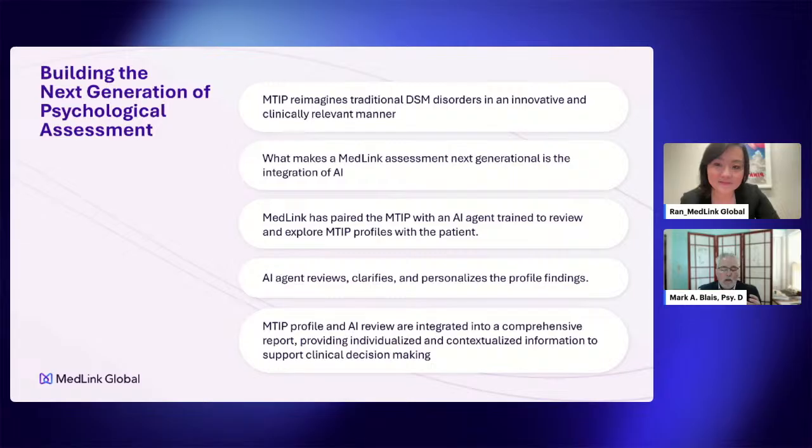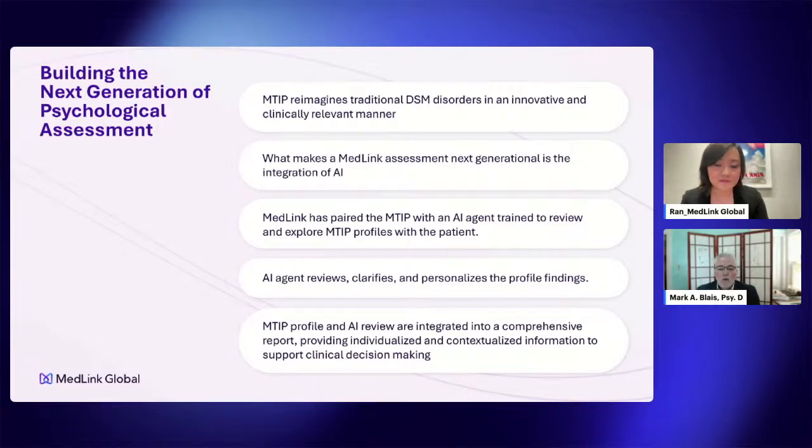And this is where we start to build the next generation psychological assessment system. The MTIP reimagines traditional DSM disorders in an innovative and clinically relevant manner. And what is going to make the MedLink assessment next generation is the integration of AI.